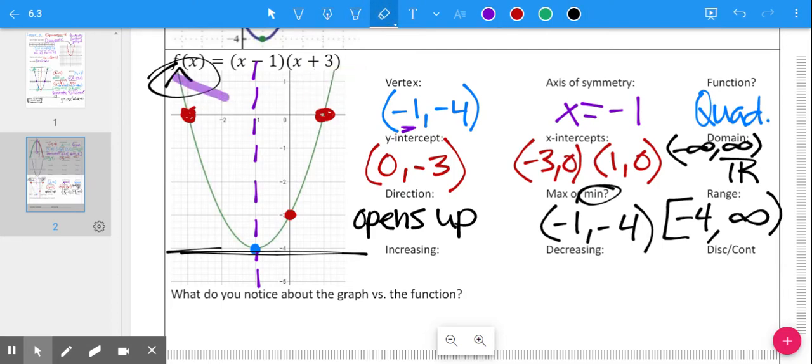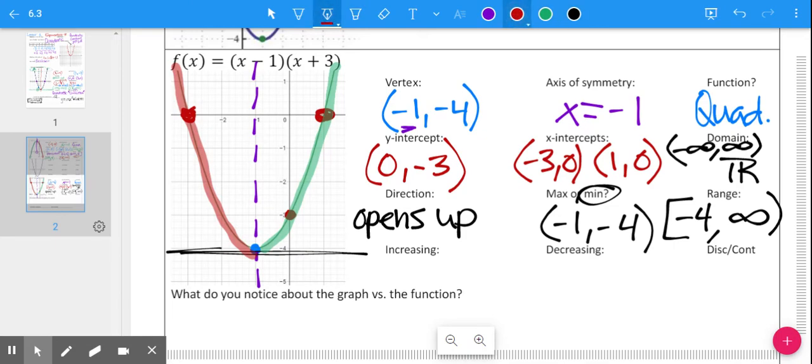So when is this graph increasing and when is it decreasing? At the very beginning of this graph, I noticed that it is going downhill from left to right. So it's decreasing. And then it hits that vertex and has that turning point and starts to increase.